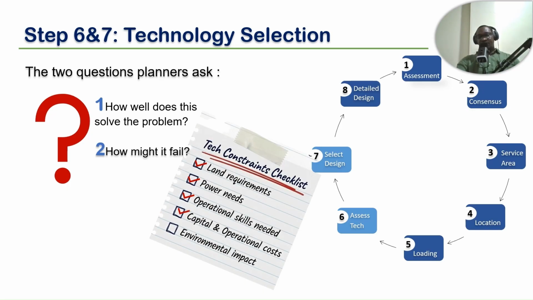And then the others go to do with the capital and operational expenses. Do you have that sufficient capital to cater for the construction, which is the capital expenses? The operating expenses is the day-to-day activities. And then lastly, will you be able to mitigate some of the impacts on the environment?